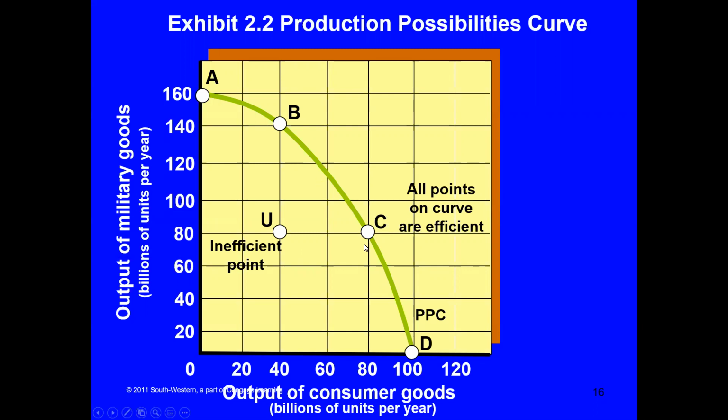Well, you can see from point C, if all of our machines were going, we could be making 80 billion military goods and 80 billion consumer goods. So that's a point of efficiency. Can we make 80 billion units of military goods at point U and only 40 billion units of consumer goods? Yeah, we can.